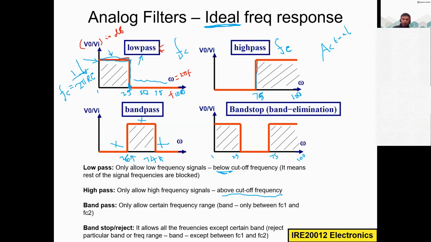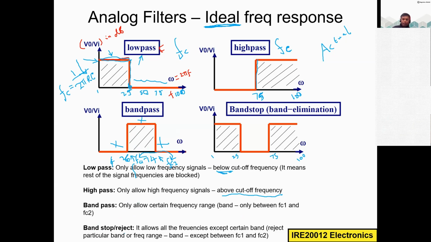This is FC1 and this is FC2. So only between FC1 and FC2, this band pass filter is passing at the output.